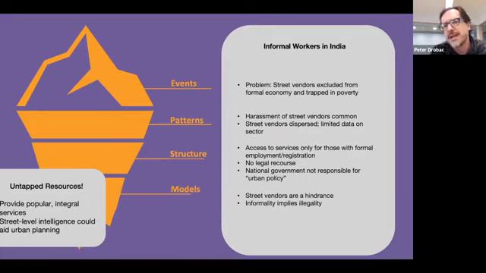Another point that was made was that just by virtue of the nature of the work, street vendors, as an example, have a tremendous amount of intelligence about flows of people, about market dynamics, about who goes where and who wants what and when and how and where. And actually that information could be incredibly useful with things like urban planning.